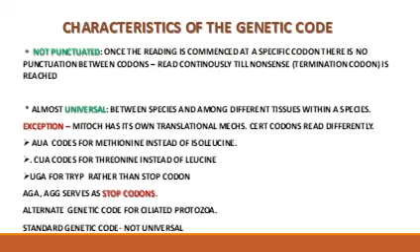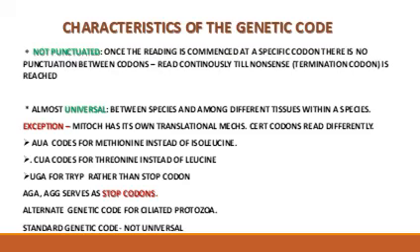It is almost universal between species and between tissues within a species. So why is it almost universal? Because there are exceptions. The mitochondria has its own translational mechanisms, and certain codons are read differently in mitochondrial protein synthesis.